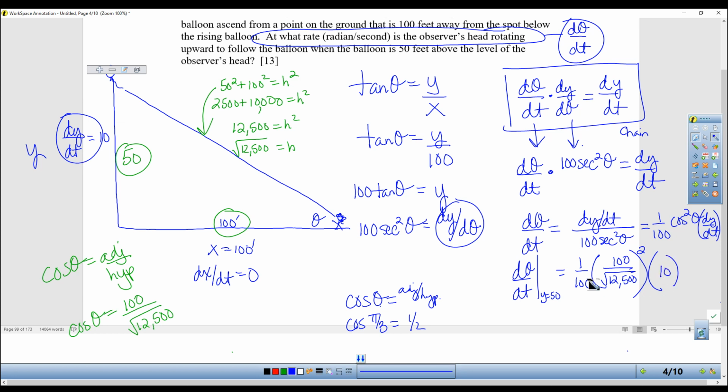So this is a lot of math in here, but this is why you don't want to round that square root of 12,500.